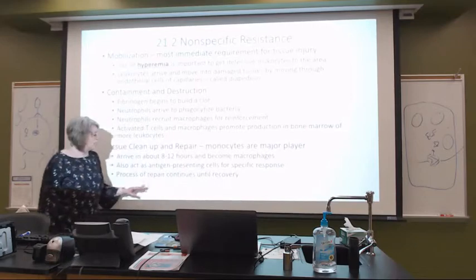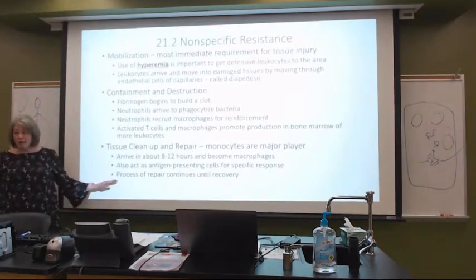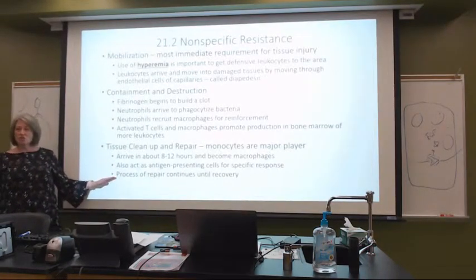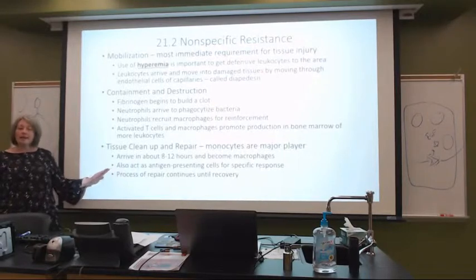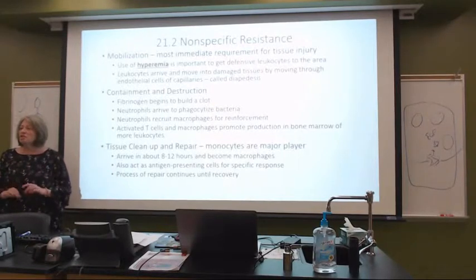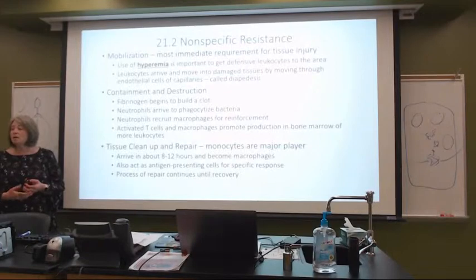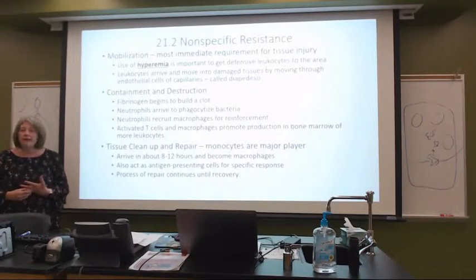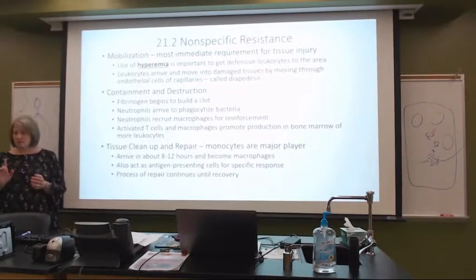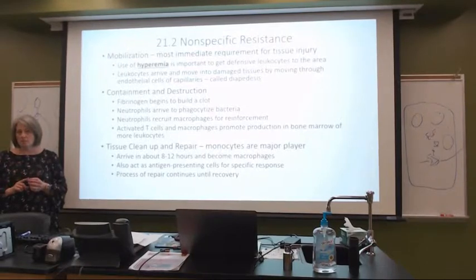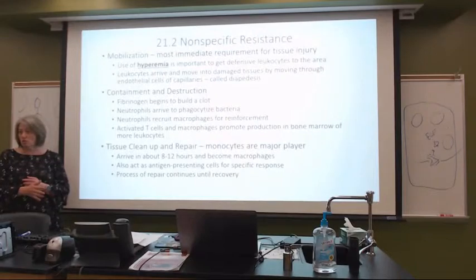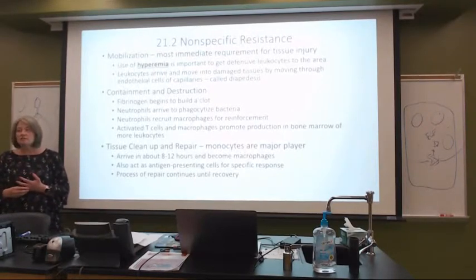If it's a situation where containment and destruction has occurred and the cells that rushed in took care of all those little microbes, we do not need help from the specific defense. But if they cannot control the situation, we then need specific defense.